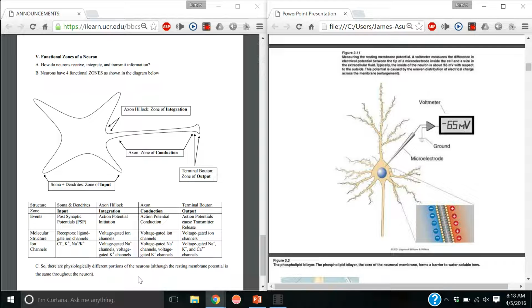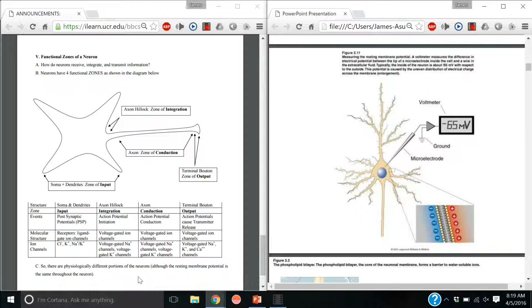Do I expect you to know all of that and understand all of that right now? No, I don't. I do want you to get that there are different kinds of mechanisms embedded in different parts of the neural membrane. All will be explained, right?